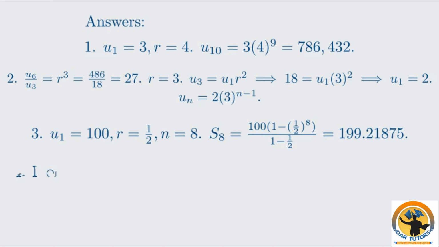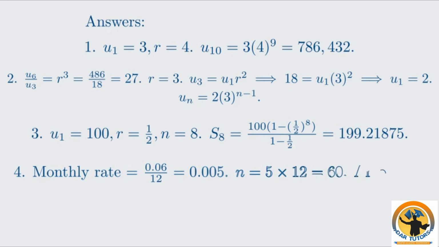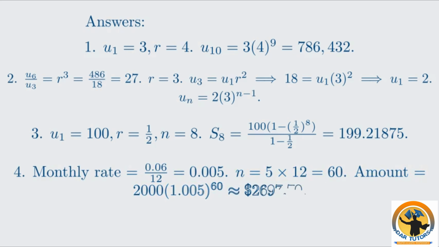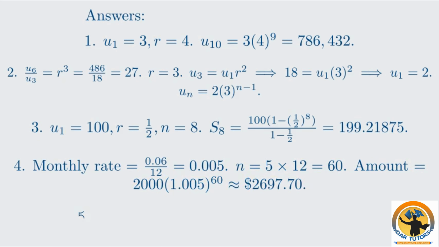For question 4, the monthly rate is 0.06 divided by 12, which is 0.005. The number of periods is 5 times 12, or 60. The amount is 2,000 times 1.005 to the 60th, which is approximately $2,697.70.